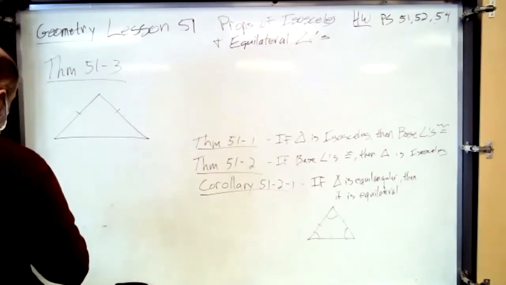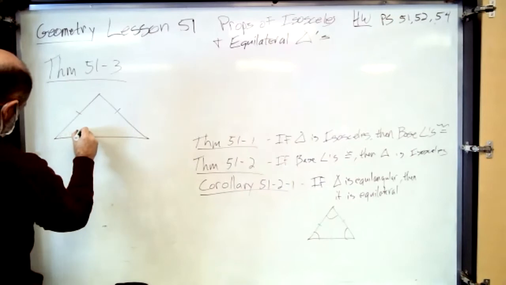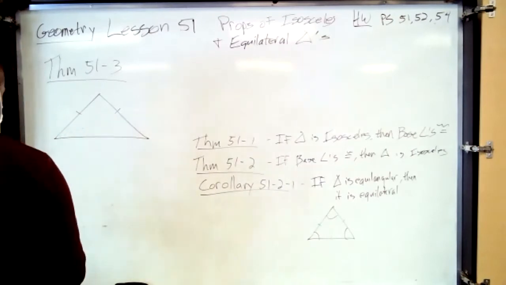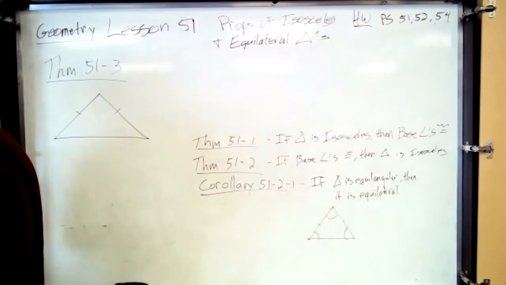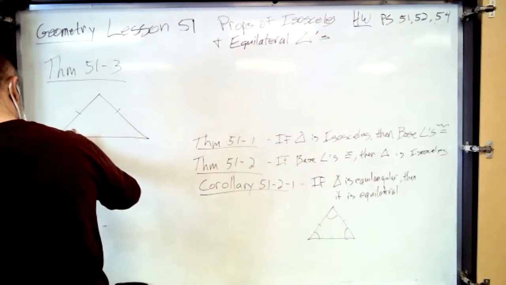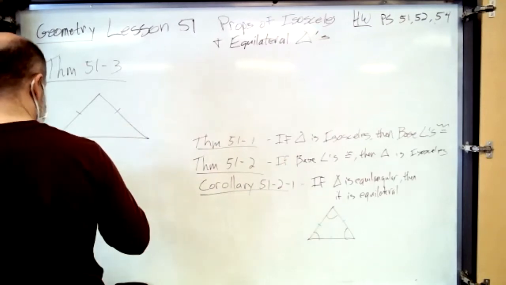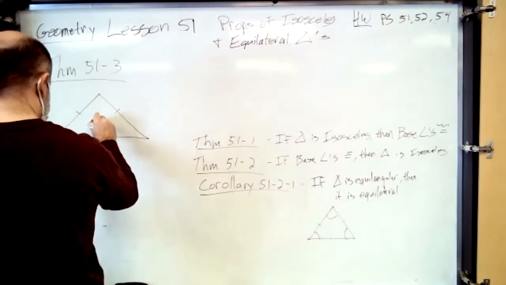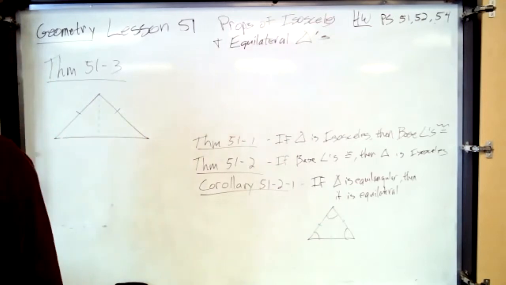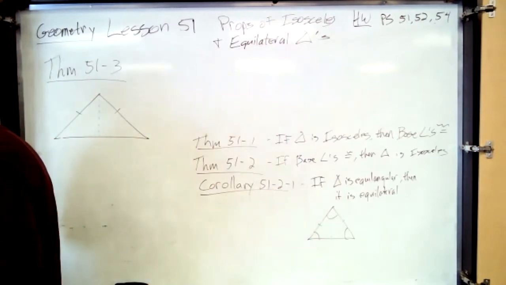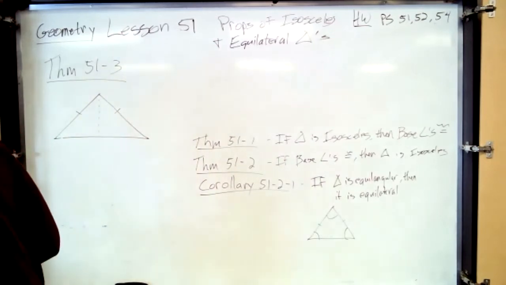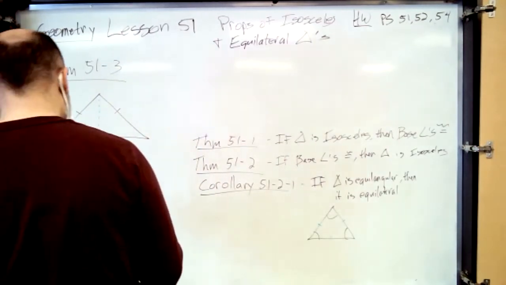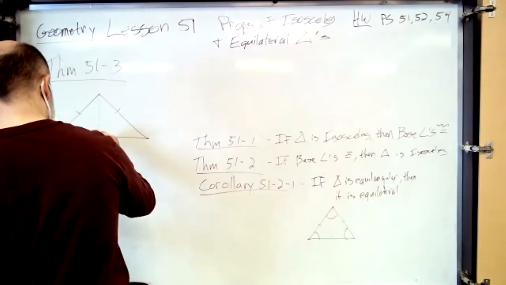So if a line bisects the angle like that, if the line bisects the vertex angle, the vertex angle is that top one, right? Then it is perpendicular to the base. Okay, it is the perpendicular bisector of the base.